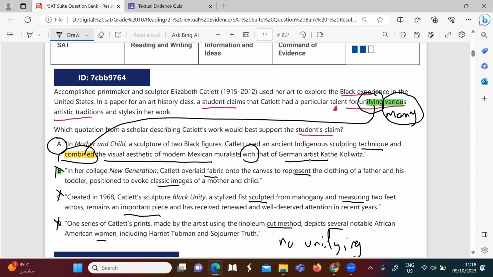What are those? The modern Mexican, the number 2 artist and so on. So here I have different artistic definitions. But to answer this question, I don't need anything after combined. If I'm focused on the claim, she unified many techniques, combined something with another thing, so they match.